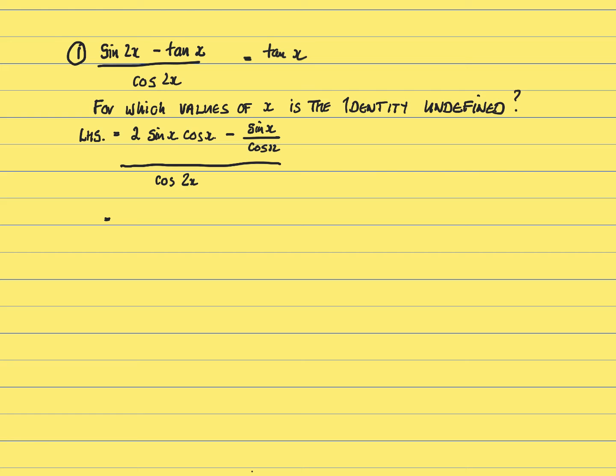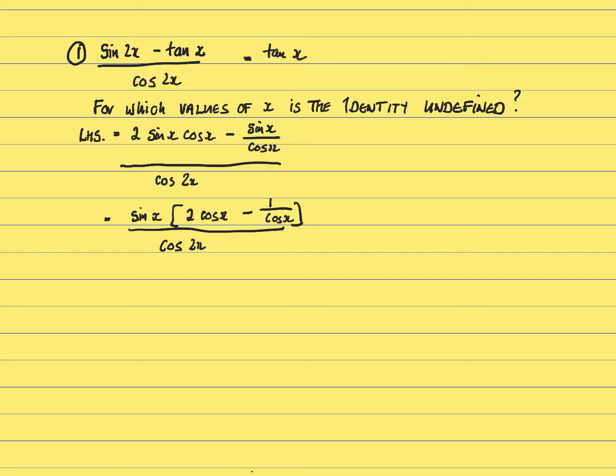On top now, I can take out a common factor of sine x. If I take out sine x, I'm left with 2 cos x minus 1 over cos x, all over the cos of 2x.